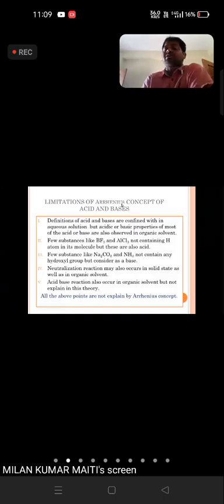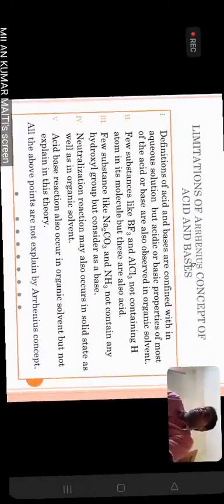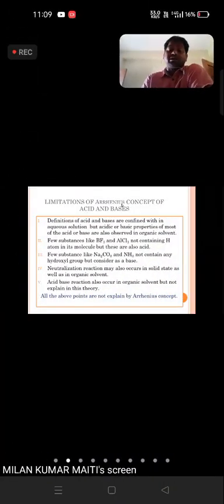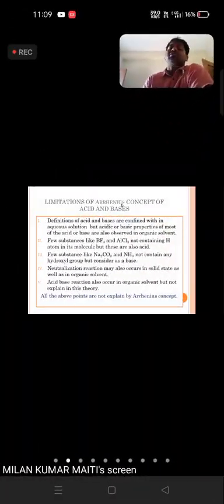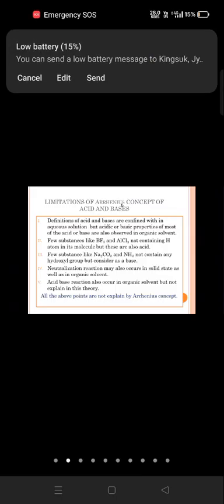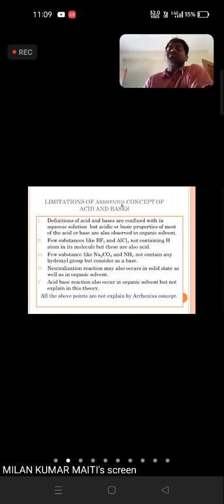But in the Arrhenius concept, he described that the neutralization reaction mainly occurs in aqueous solution. But neutralization reaction may also occur in the solid state as well as organic solvent. This concept is also not explained by the Arrhenius concept. So these are the five different points, and these points are not clearly explained by the Arrhenius theory.